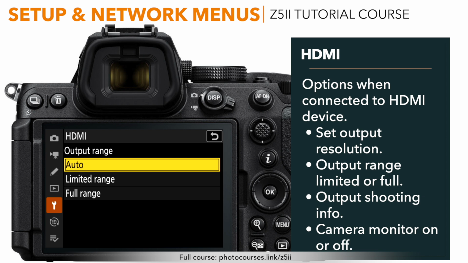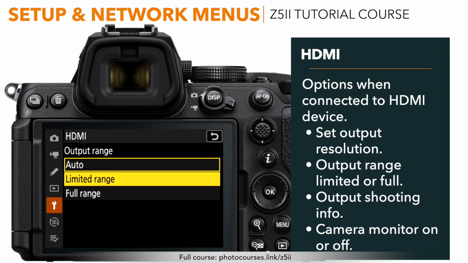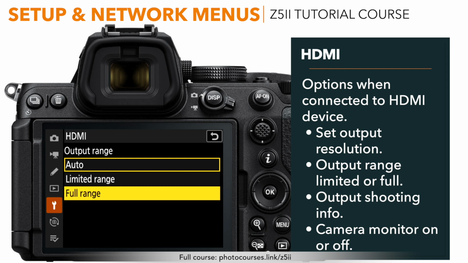Auto is going to work with most compatible monitors, but you can set manual controls also. Limited is going to set the RGB signal range from 16 to 235, and then full is going to use the entire range from 0 to 255. Limited is going to make your shadow areas much brighter, so blacks are actually going to be remapped to be darker grays.